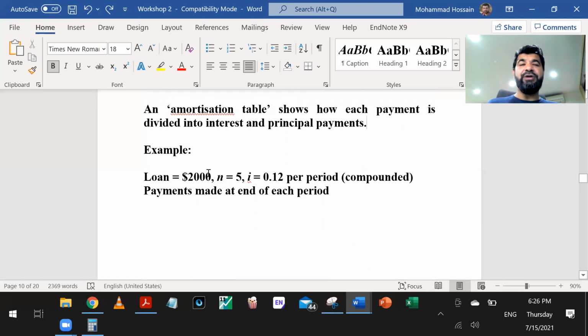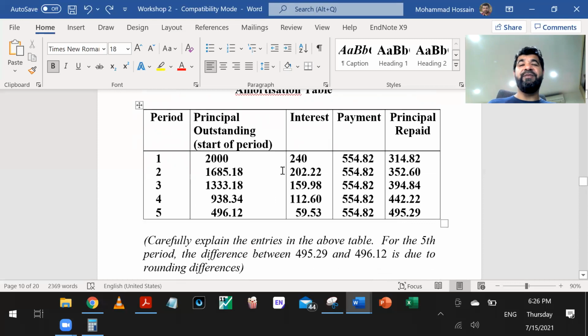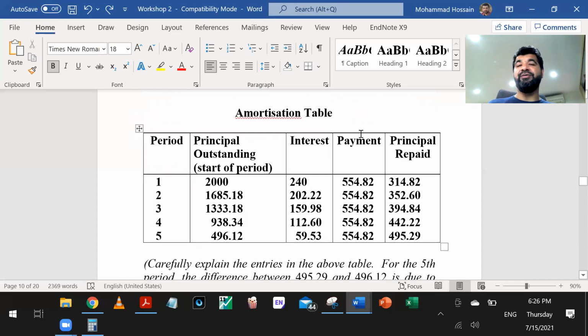So the loan is, let's say, $2,000. You took a loan from a bank for 5 years, the interest rate is 12%. Payment is made at the end of each period, which means ordinary annuity. Look, this is the amortization table.